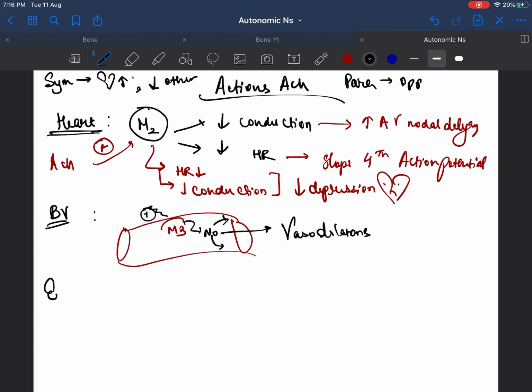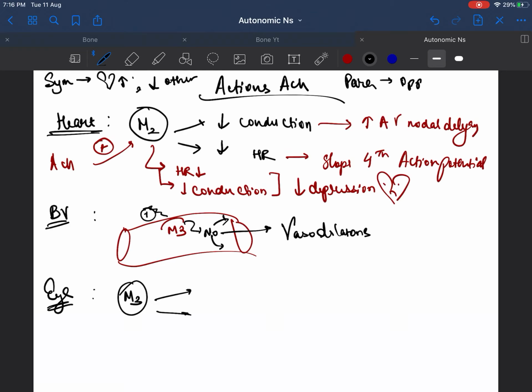Now coming to the eye. In the eye, we have the M3 receptor again, because just remember that M1 is present at the stomach, M2 is present at the heart, and M3 is present everywhere else. So in the eye, it will lead to two things.